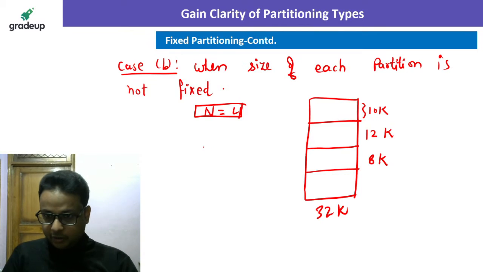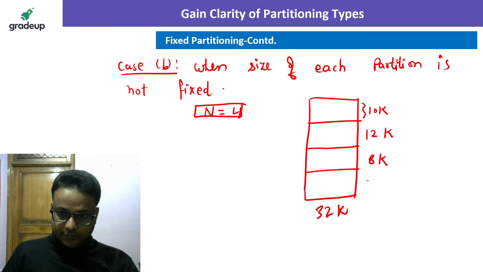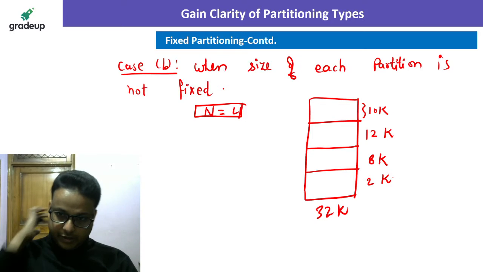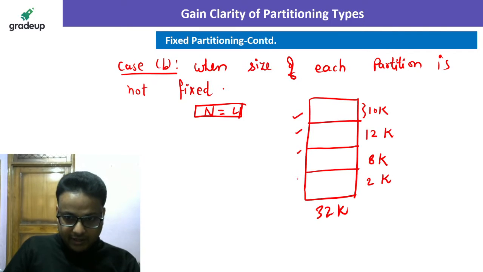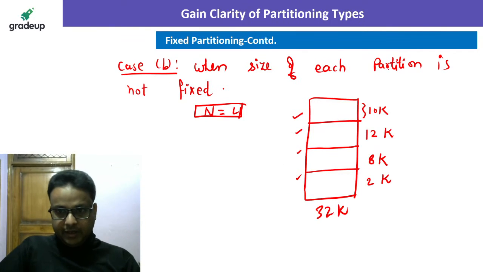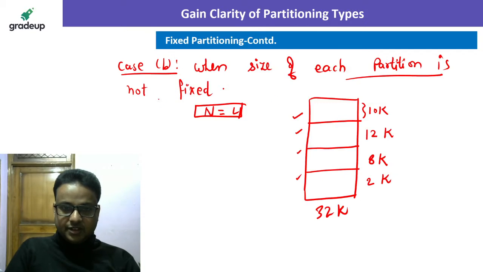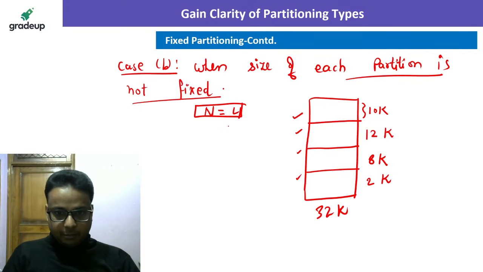So how much is that? 2K. Okay, 32K. So here it will be 10K, 12K, 8K, and 2K. So here the size of each partition is not fixed, but the number of partitions is 4. So that means 1, 2, 3, 4.